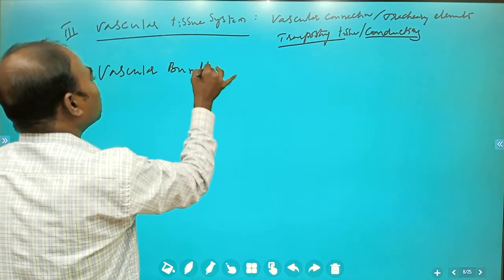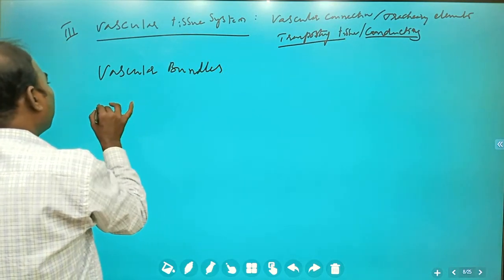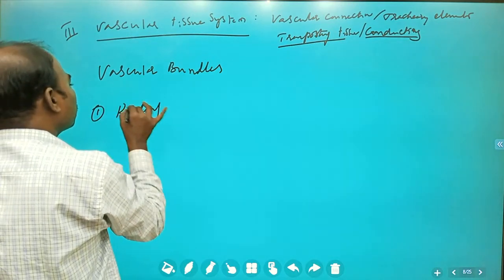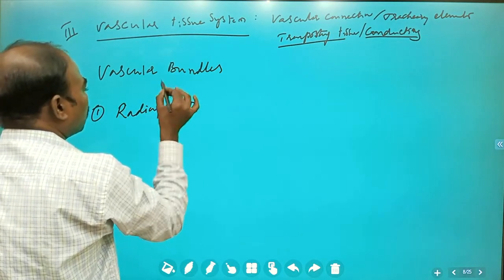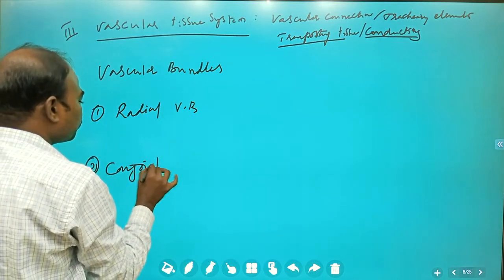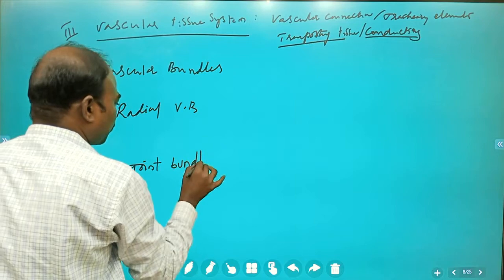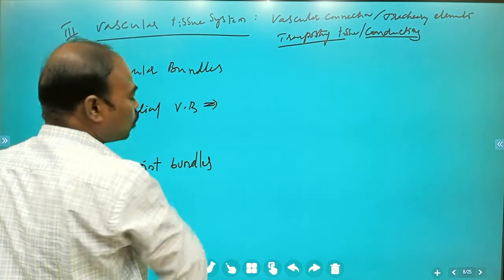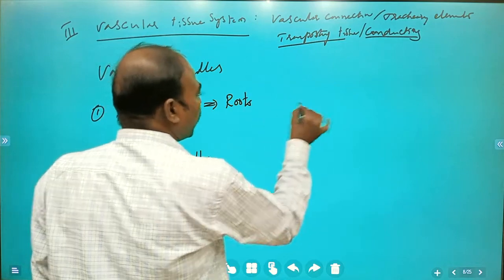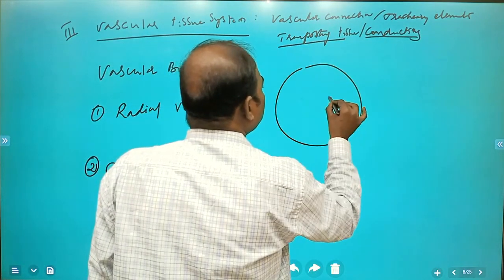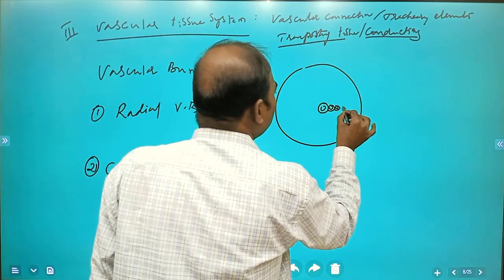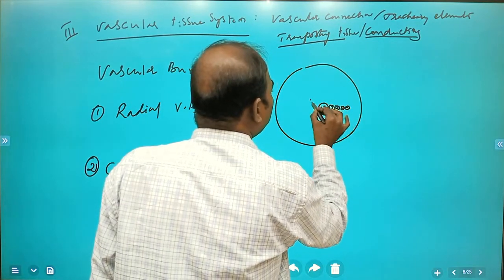These vascular bundles are of two types, that is radial vascular bundles and conjoint bundles. The radial vascular bundles are found in roots, meaning the xylem as well as the phloem bundles are found in separate radii.